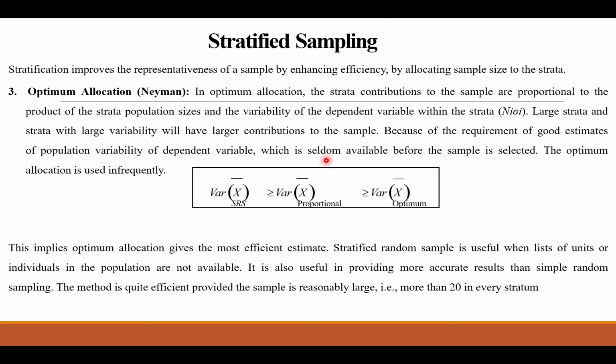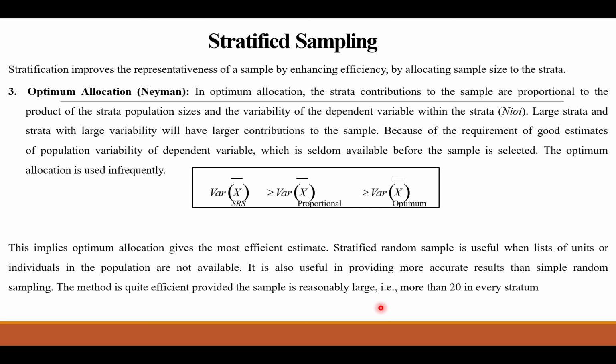So large strata and strata with large variability will have a large contribution to the sample, because of the requirement of a good estimate of the population variance of the dependent variable, which is seldom known before the sample is selected. So optimum allocation is used like this. This implies optimum allocation gives the most efficient estimate.